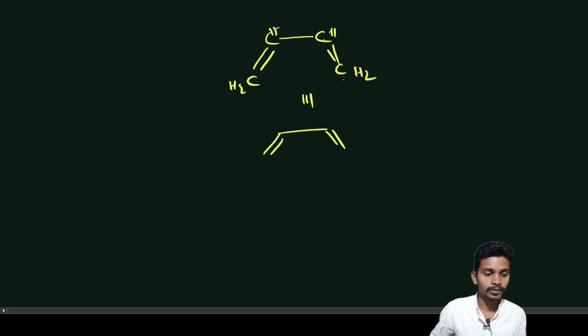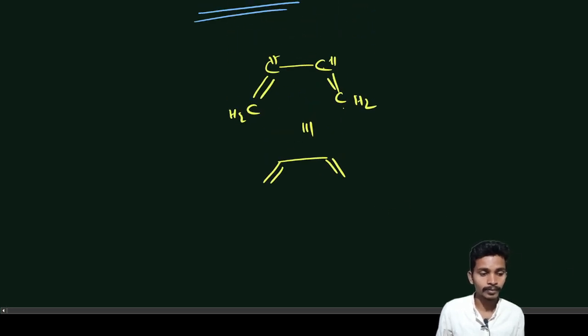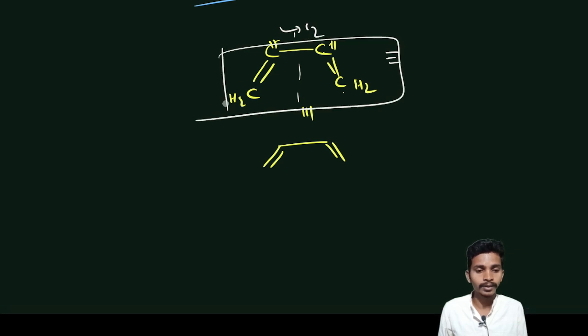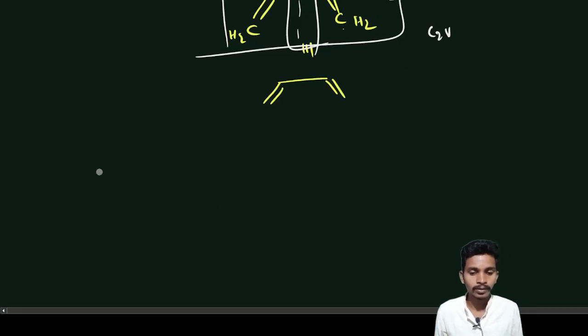Okay, so here also if you draw the character table, we see that this is also a C2v point group. This is like water-type molecules. C2 is there, and here also this is there, and this is there. So this is also a C2v point group. So the character table will be here again.